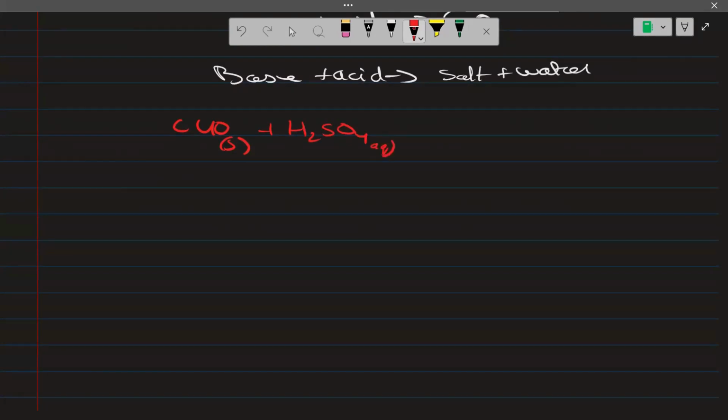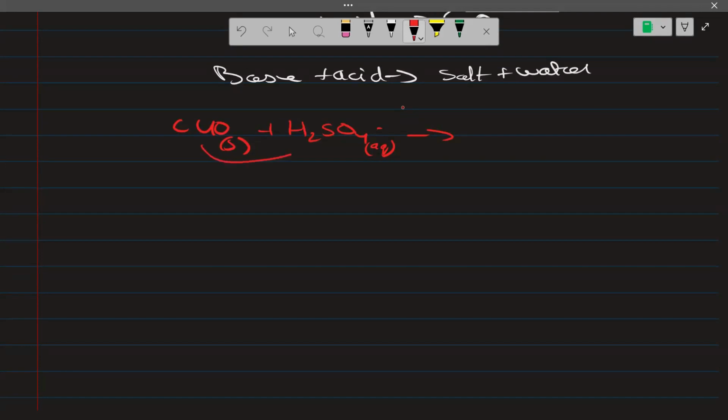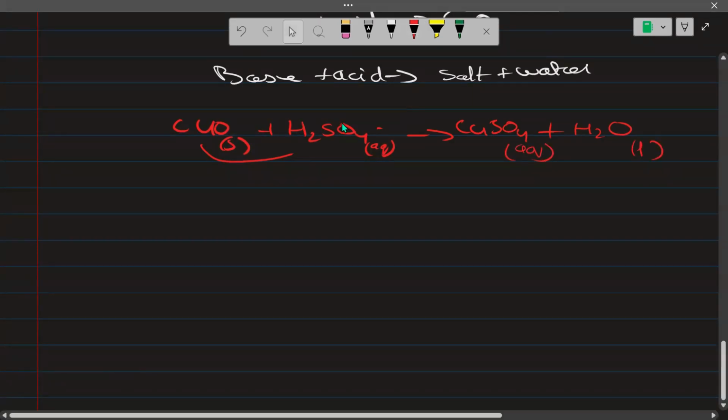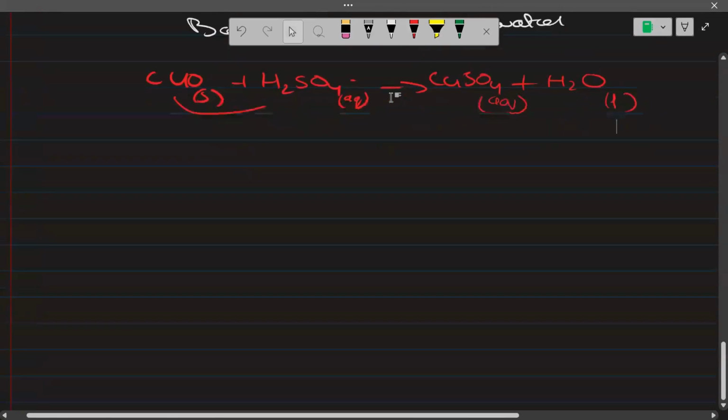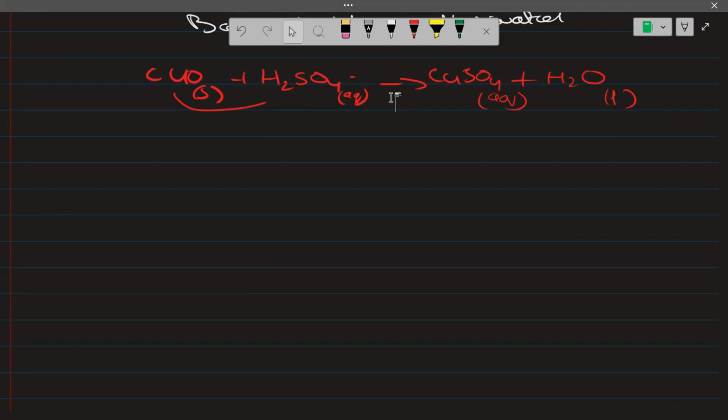When the base reacts with an acid, what happens? Salt means copper sulfate, basically copper(II) sulfate because we're using copper(II), plus water, H2O, is produced. The salt is aqueous and the water is a liquid. If you want to write the ionic equation, we can, but we are not writing it in this lecture.